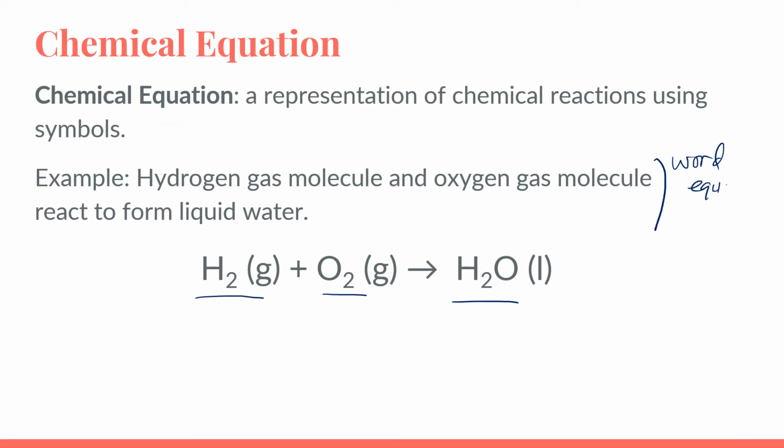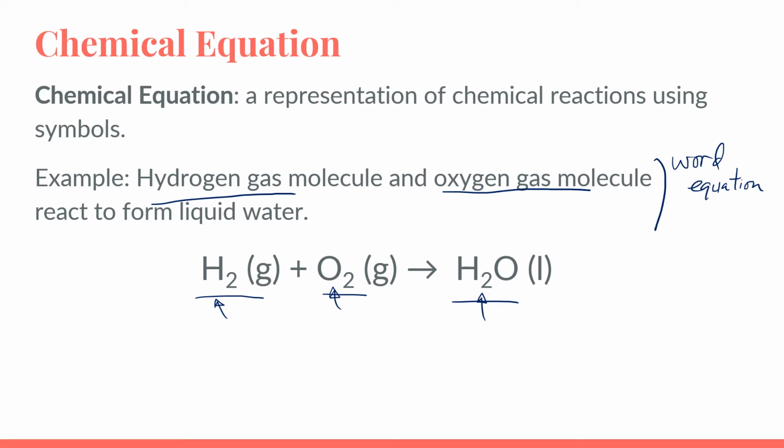Our word equation talks about what reacts with what, gets combined or what mixes with what to make what product, right? And you're going to do it in words. Hydrogen gas and oxygen gas, right? That's in words. And here we have the actual equation. And this says that hydrogen gas and oxygen gas react to make water.